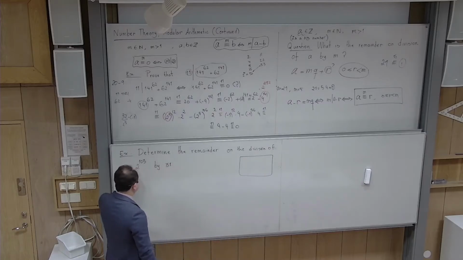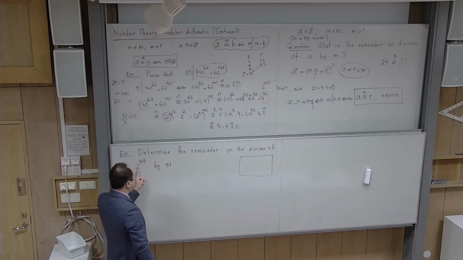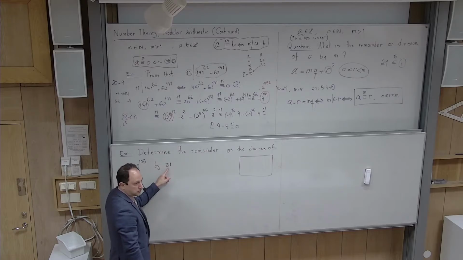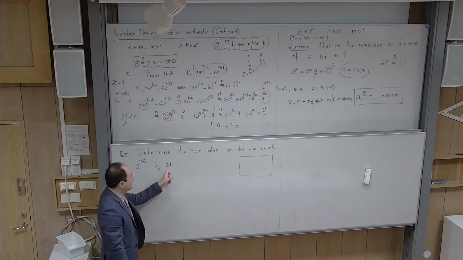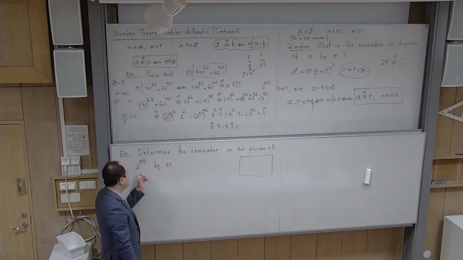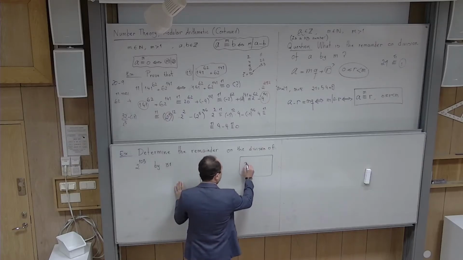In an indirect way, based on that explanation, they are asking you to simplify this number in that module. Instead of saying simplify this in this module, they have asked you to determine the remainder of the division of this one by that one. So this means that you need to answer this question.